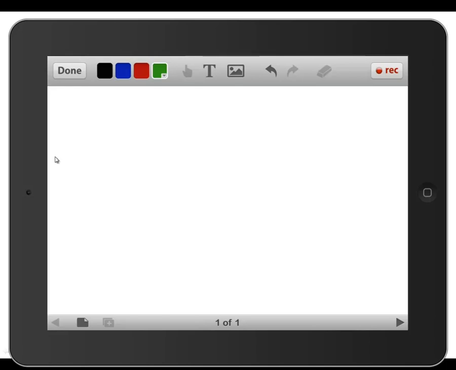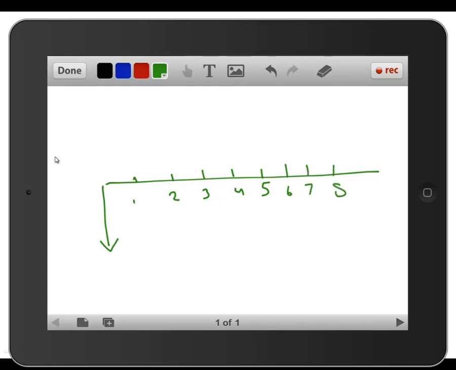Now for the third group, this is year 1, this is year 2, 3, 4, 5, 6, 7, 8, and this is 9.